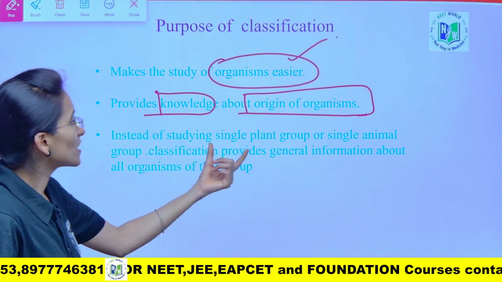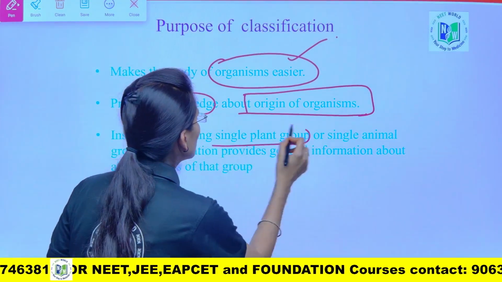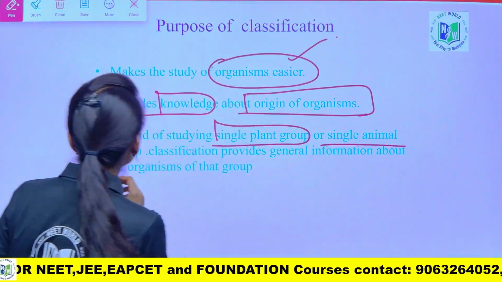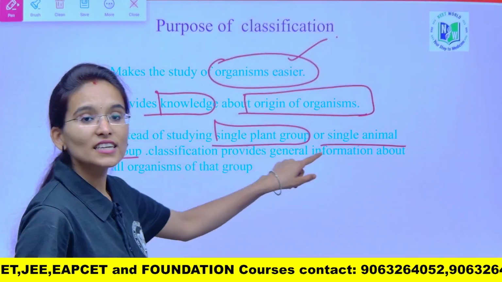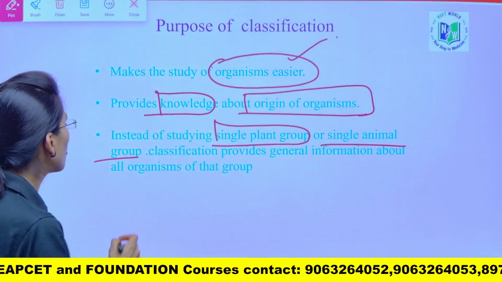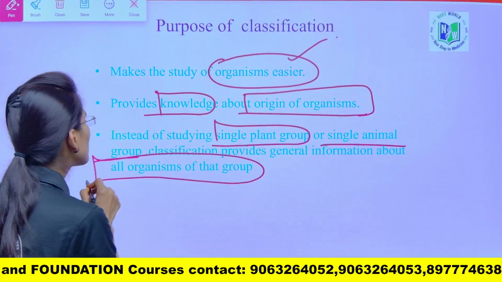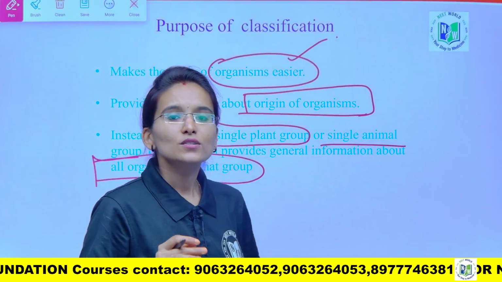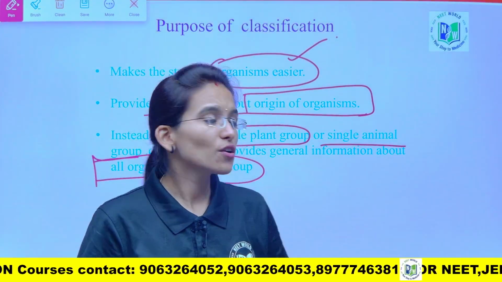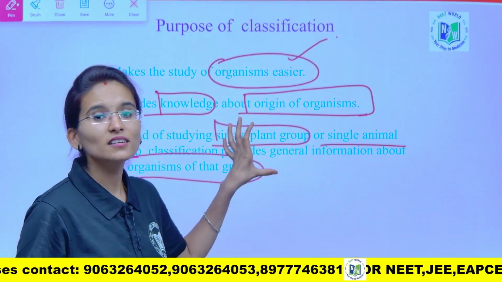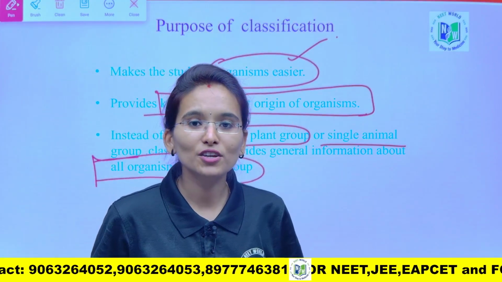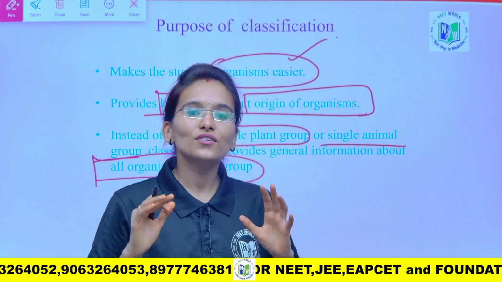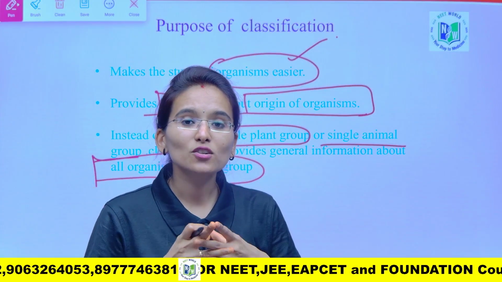And instead of studying a single plant group or single animal group, classification provides general information about all the organisms of that particular group. Here is an example I am giving you, students. In our daily life we see different types of plants.